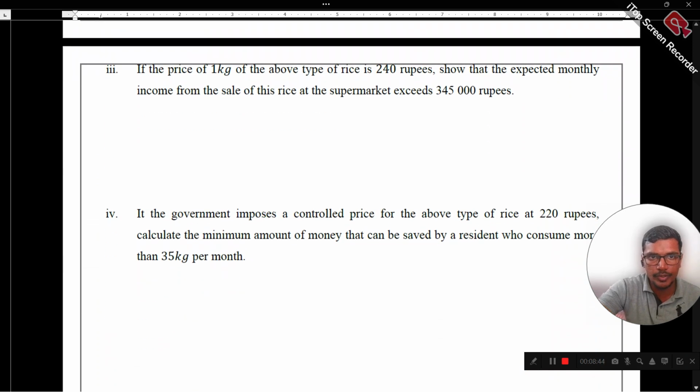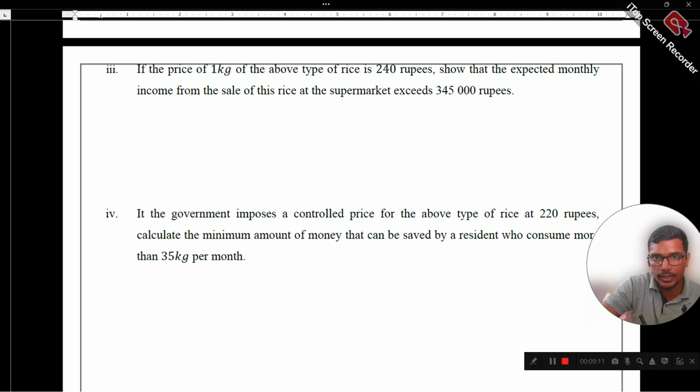Then, if the price of 1 kilogram of the above type of rice is 240 rupees, show that the expected monthly income from the sales of this rice at the supermarket exceeds 345,000 rupees. 1 kilogram is 240.